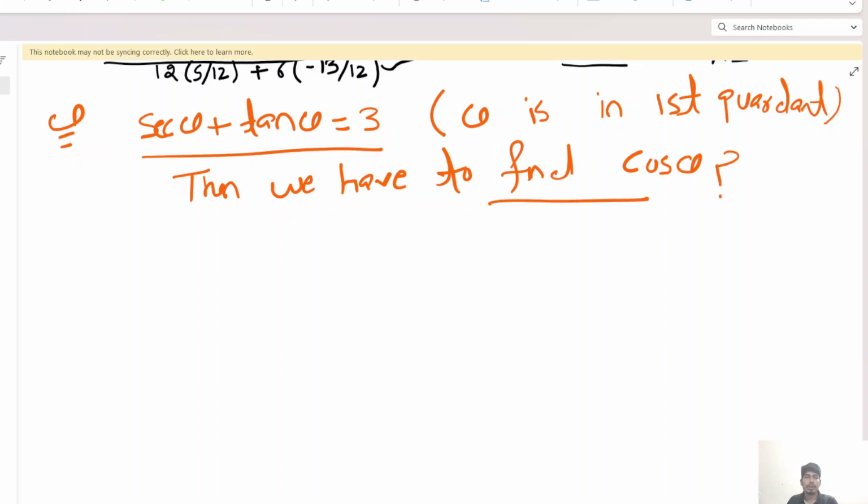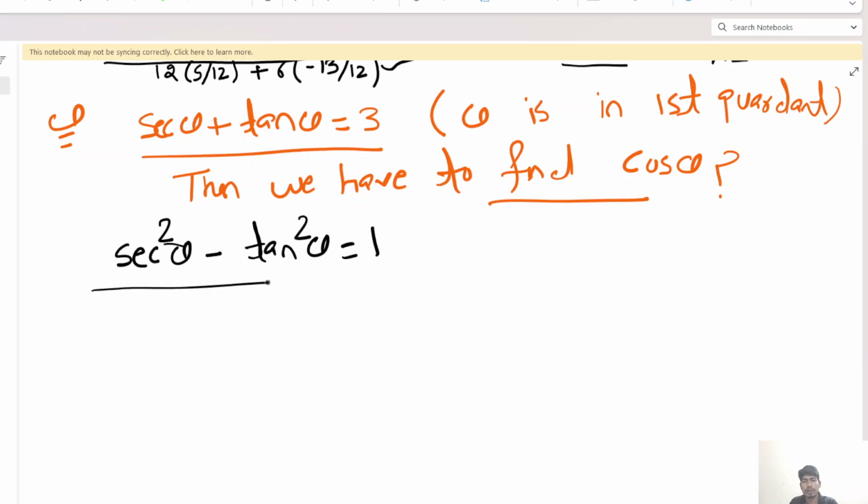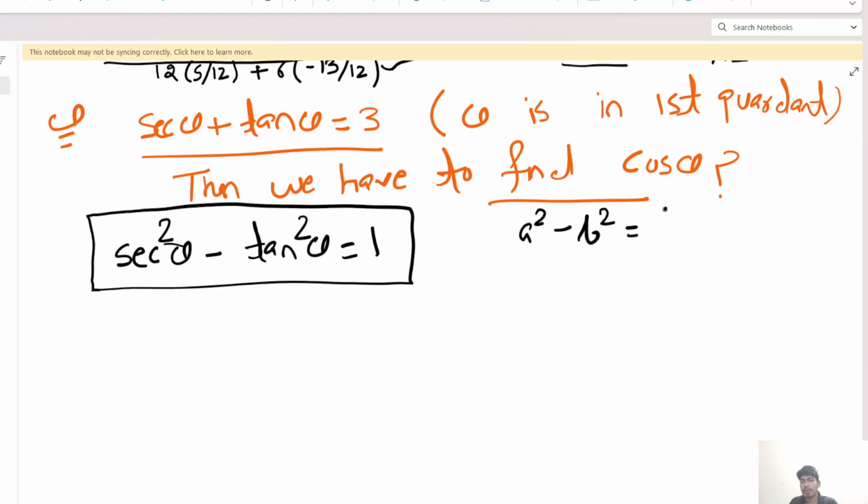So let's do it. We know the identity sec square theta minus tan square theta is equal to 1, okay. We know this identity very well. Then apply a square minus b square is a minus b into a plus b, okay.